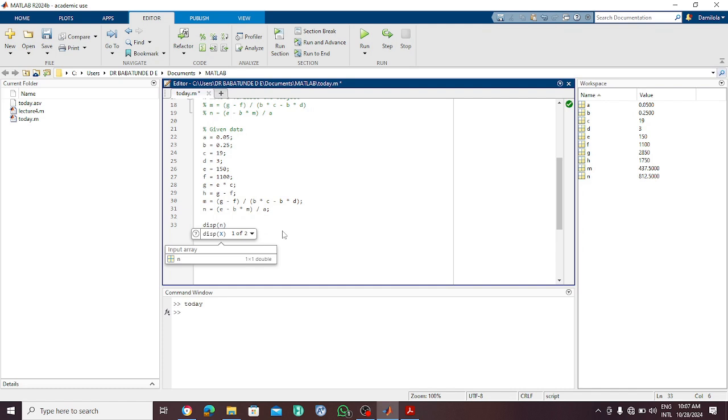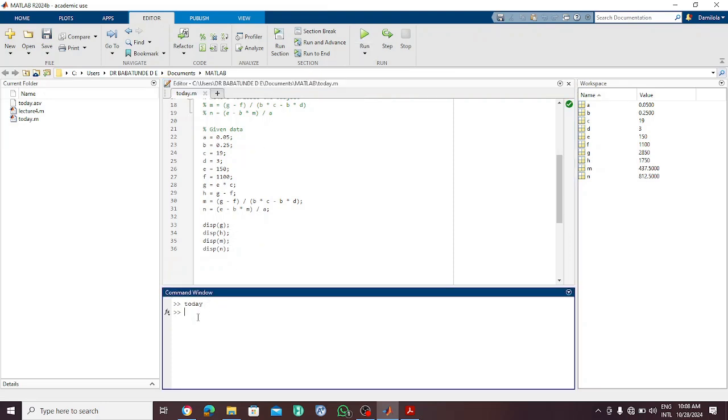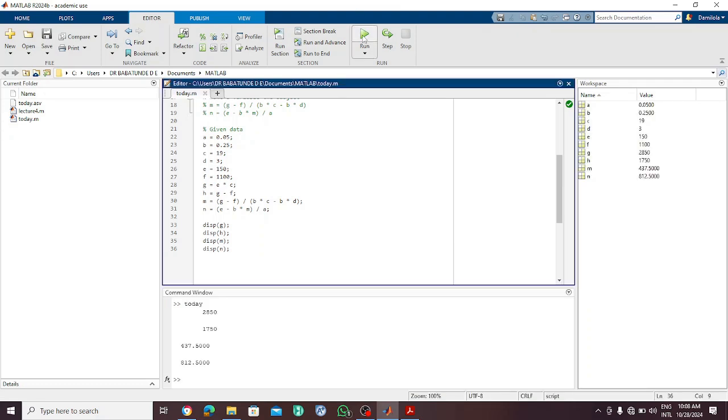We are displaying H, displaying G, and well, let's start with M and N. Okay. Solution.